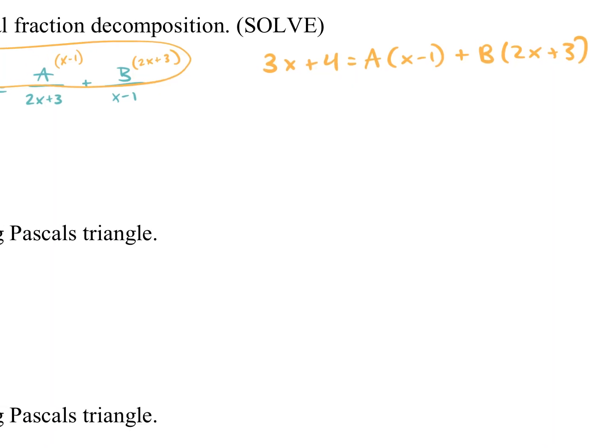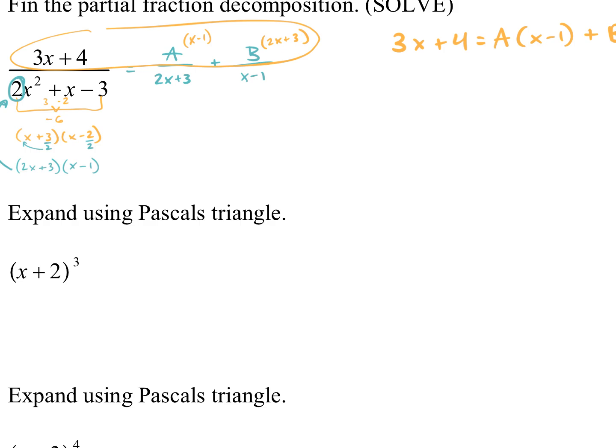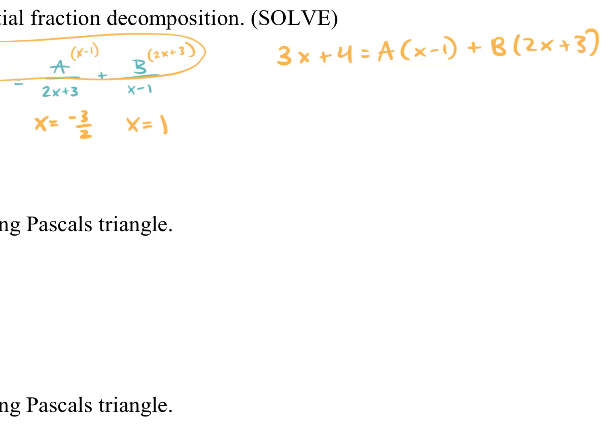We need to know what we're plugging into the x. So we'd set the denominators equal to 0. We get x equals negative 3 halves and x equals positive 1. So we can start by plugging in negative 3 halves.